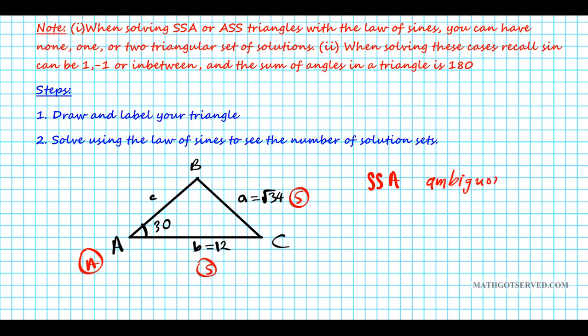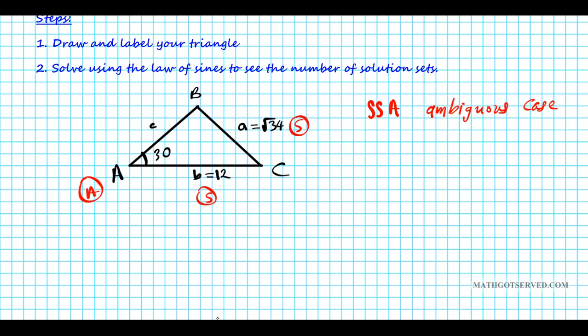What does that mean? It means that you're not guaranteed to have one unique solution. You could have one unique solution, but you could have no solutions, or two triangular solutions. That's where you have the ambiguity. So you have to always watch out for SSA triangles. All right, so with that in mind, we shouldn't be surprised if we are seeing interesting things happening.